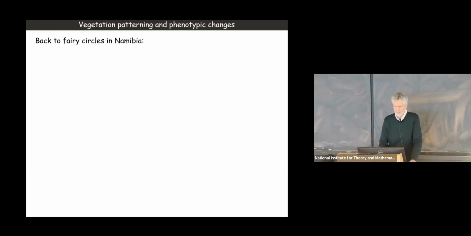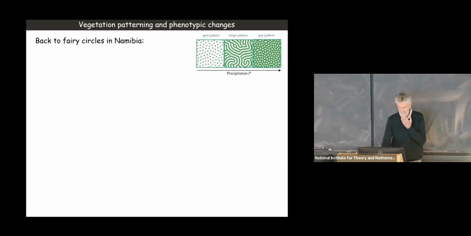And so let me go now to vegetation patterning and phenotypic changes. As I said, focusing on examples where each response alone cannot explain the observed behavior. Let's go back for a second to Namibia.